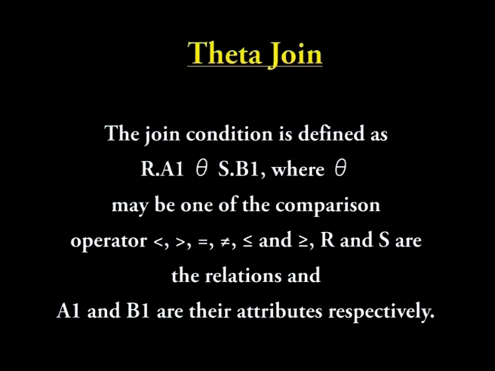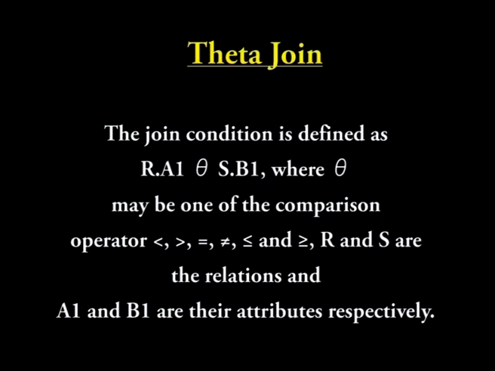This join is sometimes called conditional join. The join condition is defined as R.A1 theta S.B1, where theta may be one of the comparison operations: less than, greater than, equal to, not equal to, less than or equal to and greater than or equal to.